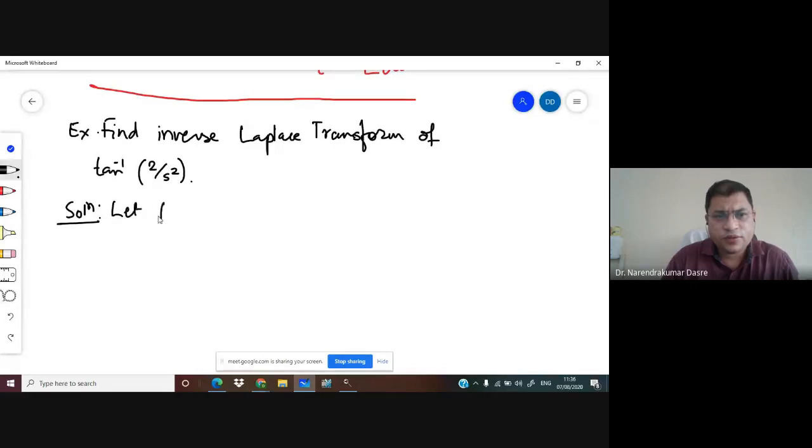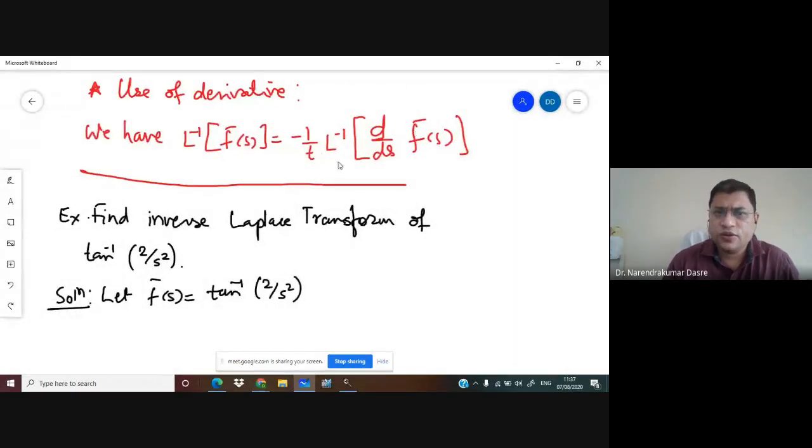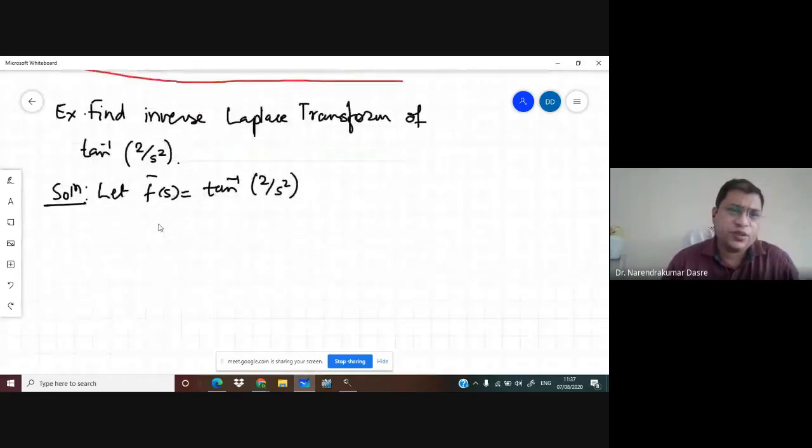Let f bar of s be equal to tan inverse of 2 by s square. Here we have to be careful while taking the derivative. The first step is to take the derivative, the second step is to find the inverse of the derivative, and the third step is to multiply that by minus 1 by t, so we can have the inverse Laplace transform.